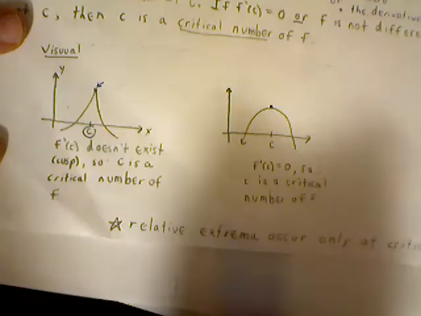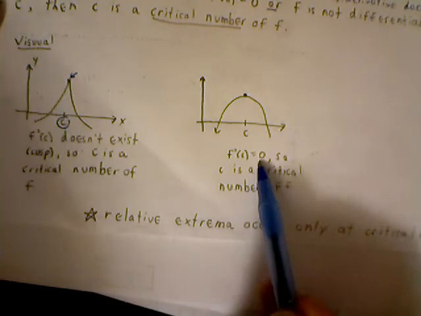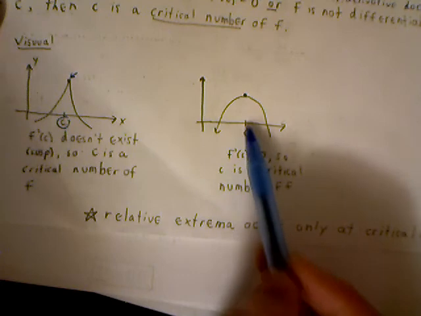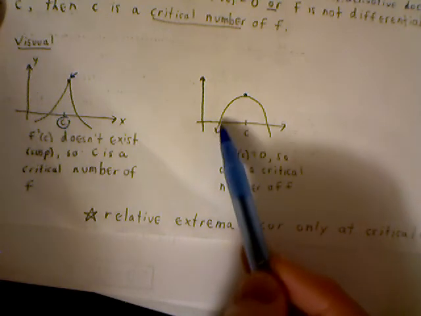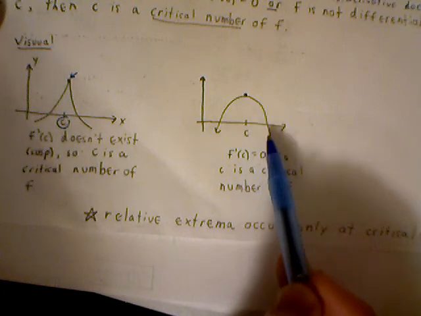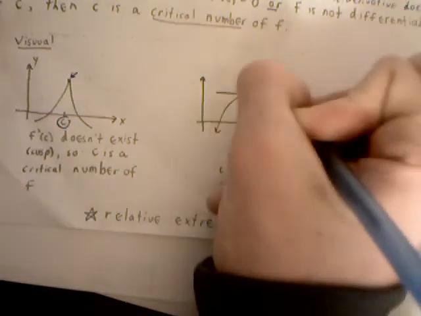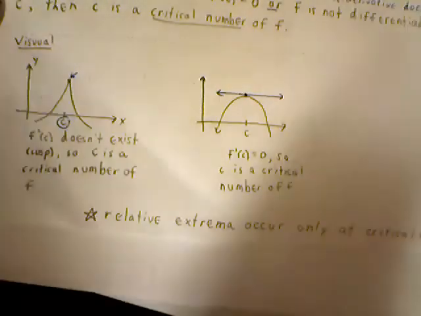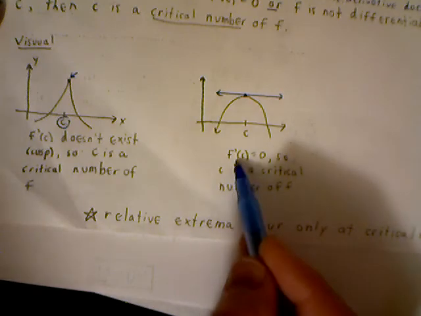Now, the other case is when the derivative equals 0. So right here at c, my slope goes from being positive and then at this point it changes to negative. So right at this point, the slope is 0. Our derivative, the slope, is 0.